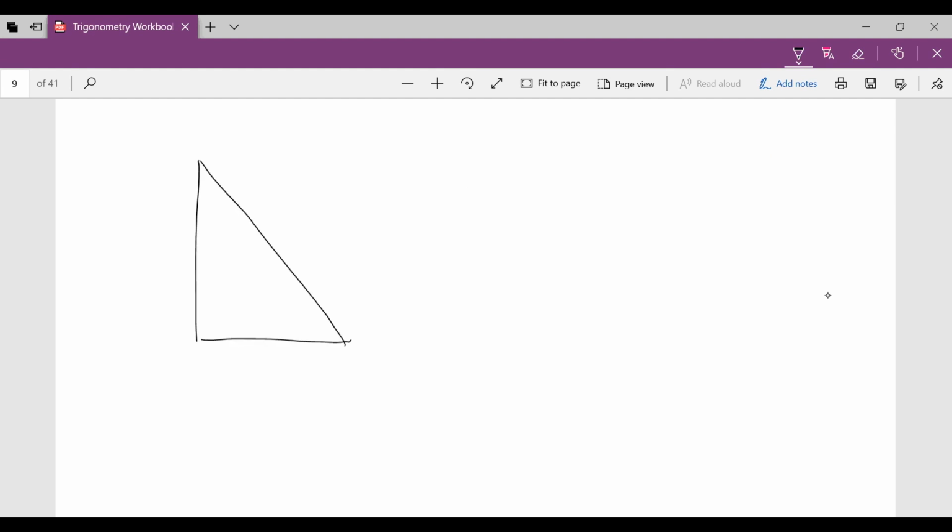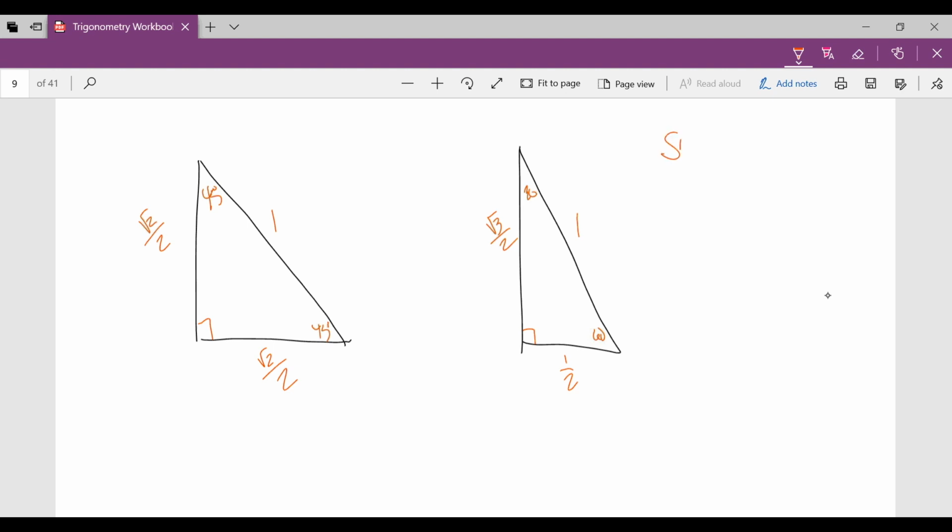Now, before moving forward, you really do have to have a strong sense of these special triangles. My suggestion to you is be able to draw these triangles quickly and efficiently. Do it at the top of every assignment page you get, every test paper you do, and let this be a reference. The more you do this, the quicker things like sine of 30 equals 1/2 is going to be.